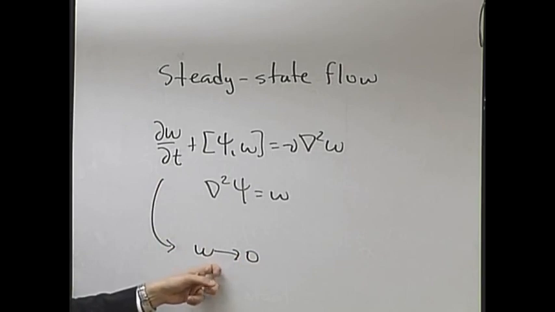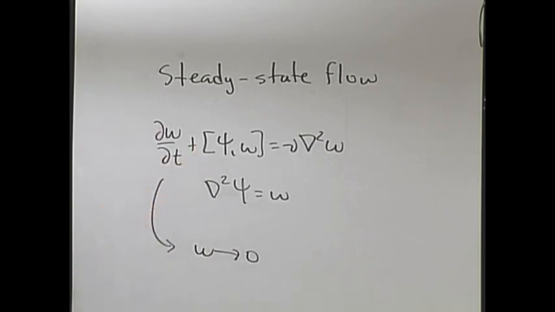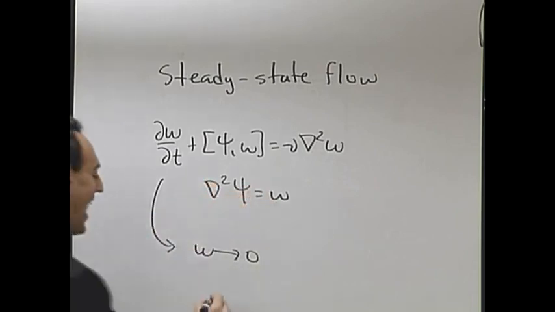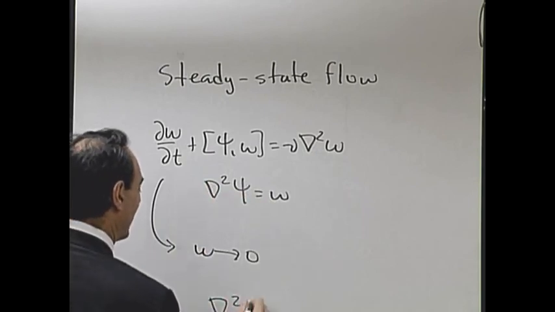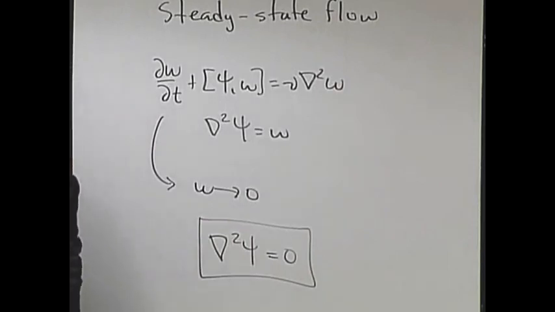Okay? So that equation's gone. And what do I got left? This equal to 0. How hard can that be? See why we like steady state flow?